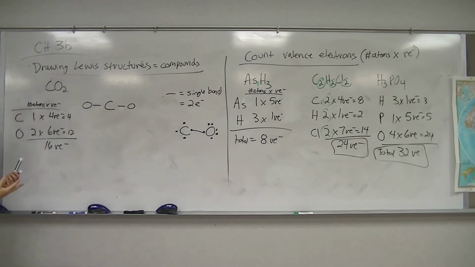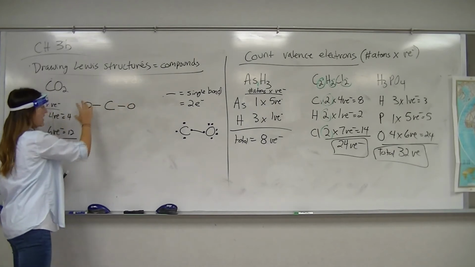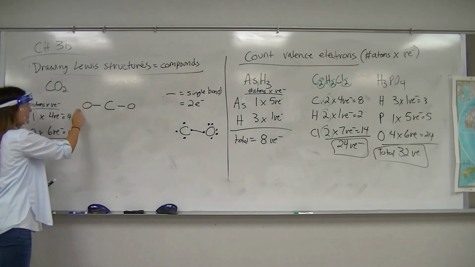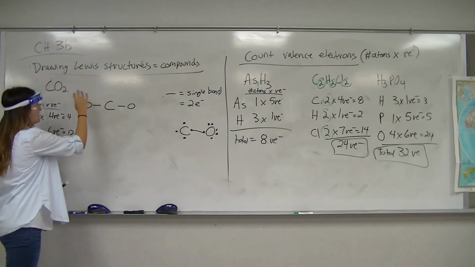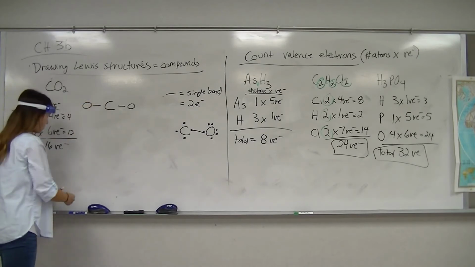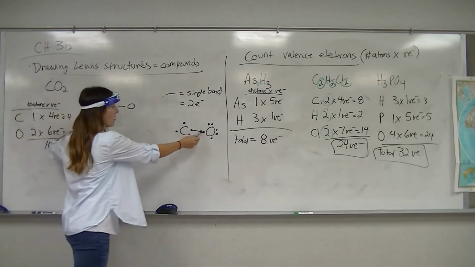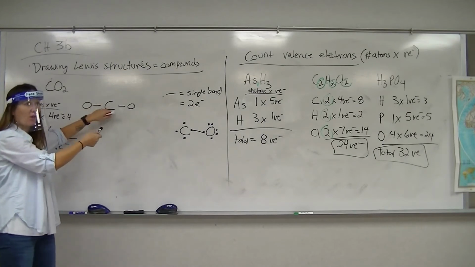So what do you do next? Well, next, your goal is to make the outer, the terminal atoms happy first. What that means is I'm going to put electrons around them, so dots representing electrons, so that they have 8 total. So this oxygen, it has 2 because it's sharing. So both of those electrons are belonging to oxygen, but they're also belonging to carbon.